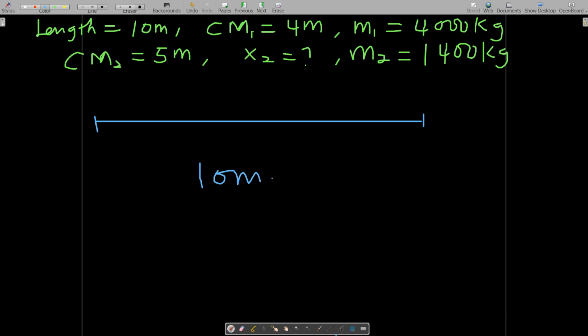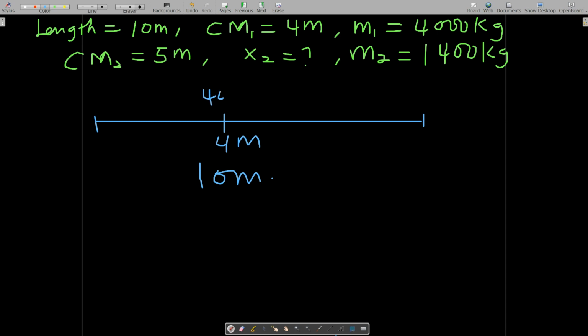And now we are saying that the mass is 4,000 kilograms at the beginning, and the center of mass is the position of the mass. This means that at the first condition, no other mass was added, so the center of mass was the place where we put the first mass, at 4 meters.